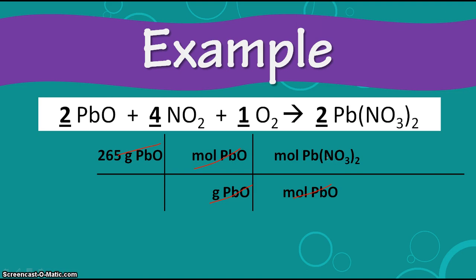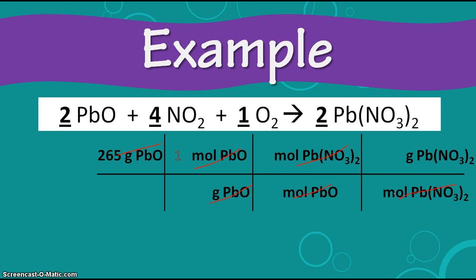Now we want to find out how many grams of product can be produced. So to get rid of moles, we put moles of lead nitrate on the bottom, and we want to convert that to grams of lead nitrate. Now you can see how we got rid of the unit moles, and now we are left in grams. So let's look at the conversion factors.